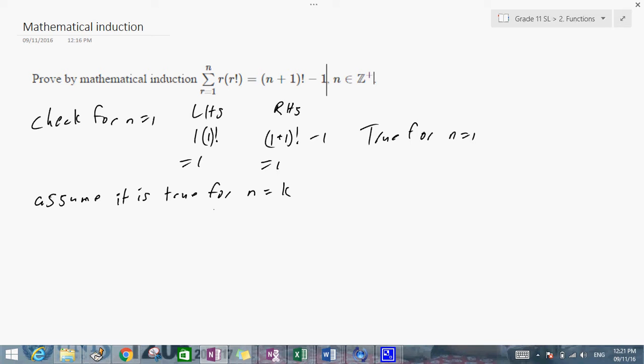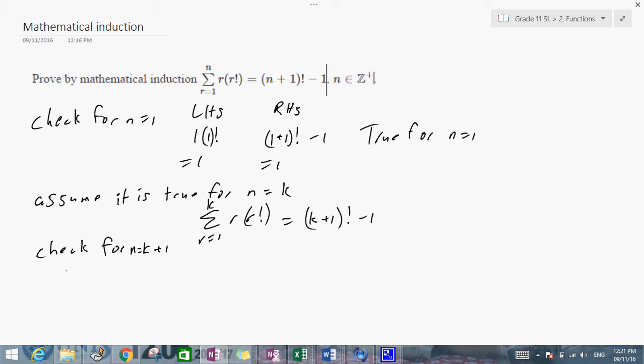So n equals k, so that means going from r equals 1 to k, so it's not n anymore, it's now k, of r times r factorial is equal to k plus 1 factorial minus 1. Okay, so now we're going to check for k plus 1, so when n is equal to k plus 1.